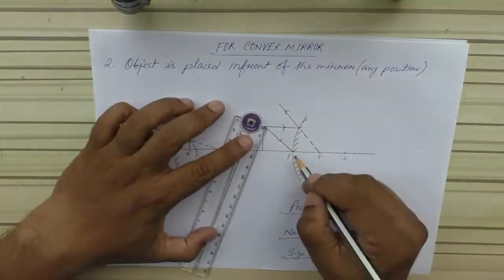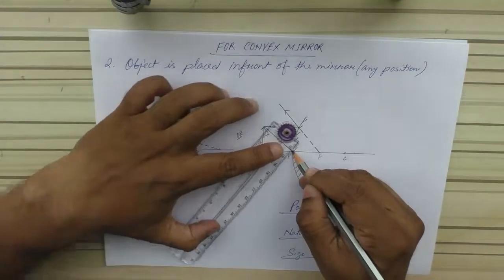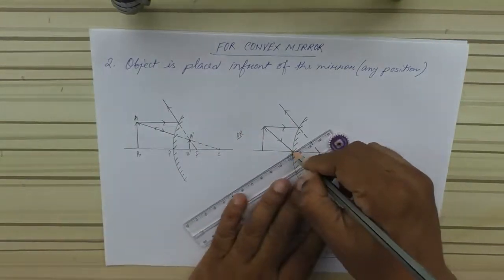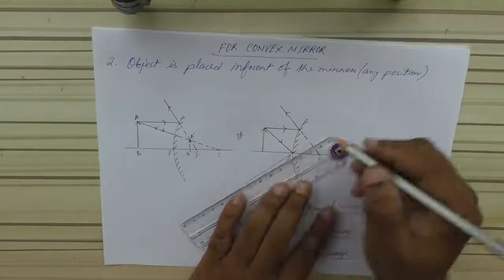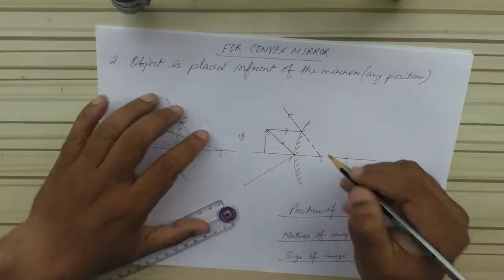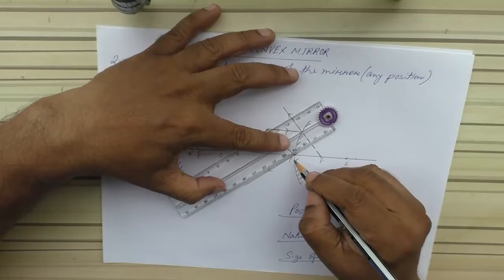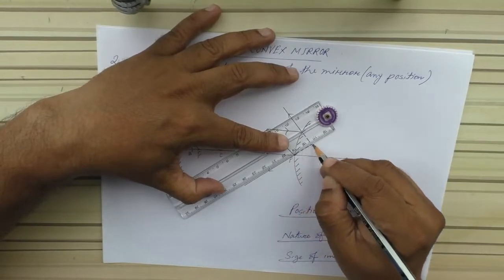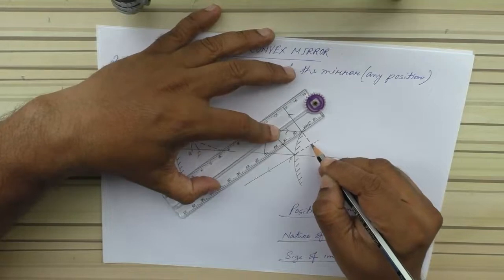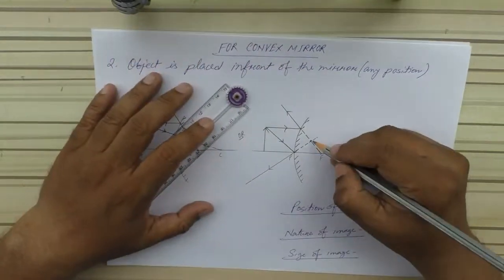It reflects symmetrically, so these two angles should be equal. And if we produce this reflected ray back, it intersects at this point.